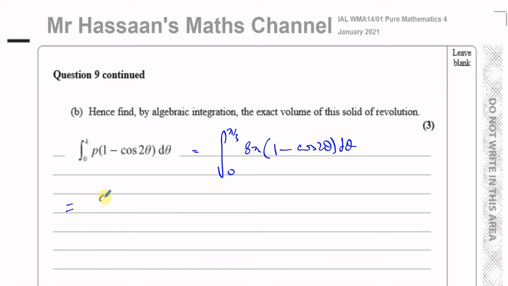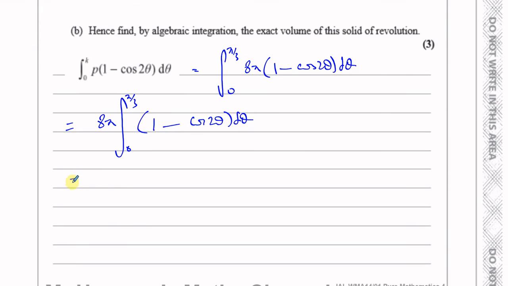I like to take the constant outside. So I'll have this between 0 and pi over 3, and I'm going to integrate 1 minus cosine 2 theta with respect to theta. It's very simple to integrate now because everything is ready. So I'll have 8 pi times, if you integrate 1 with respect to theta, you get theta.